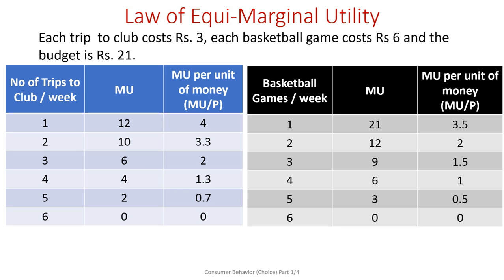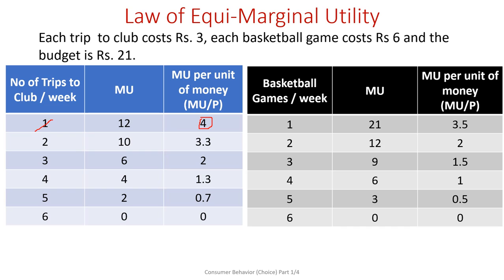So the marginal utility of 1 rupee spent on the first basketball game will be 3.5. Therefore, the first spending should be made on the club because it gives higher marginal utility per unit of money.